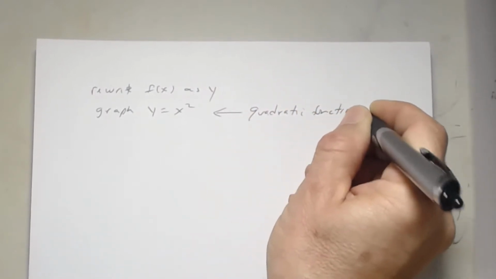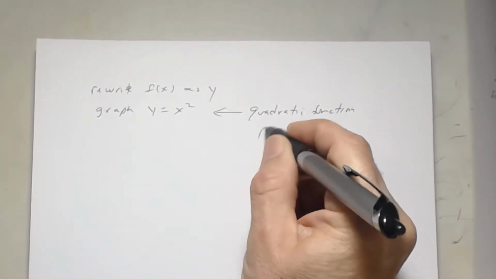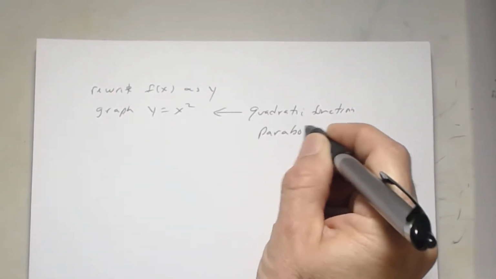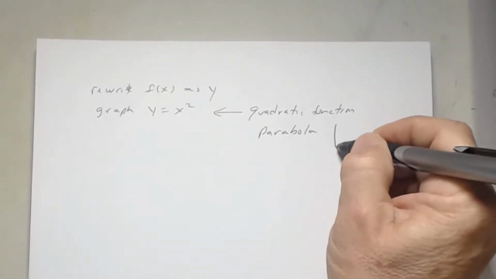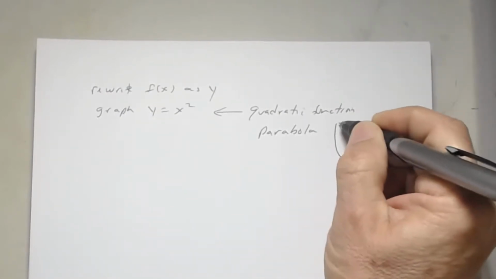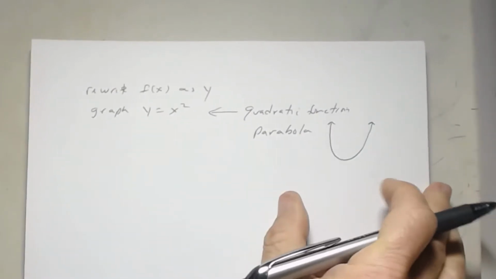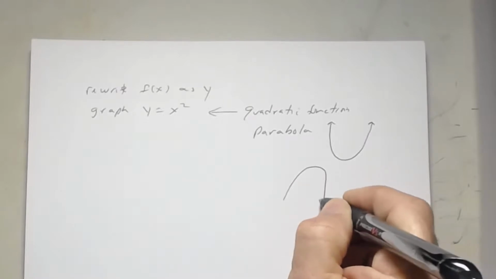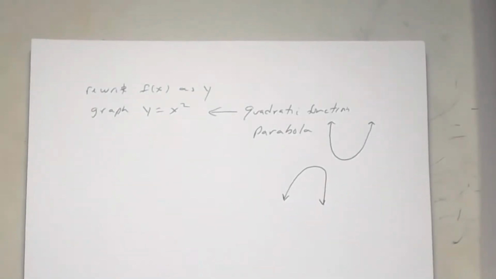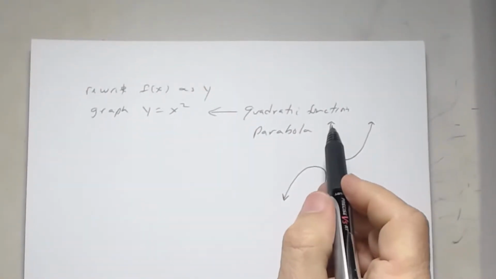And you're going to see that the graph is called a parabola. The graph is a parabola. And the shape looks like a U, kind of like this, where the arrows are pointing up, or it can be pointing down. Okay? Notice it's a little bit of terminology.